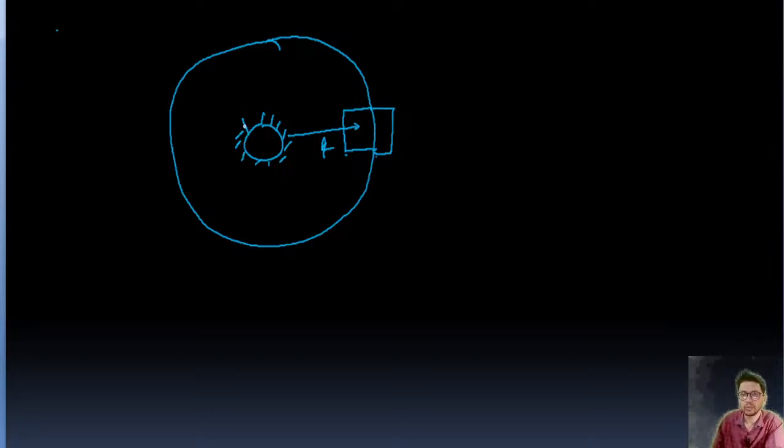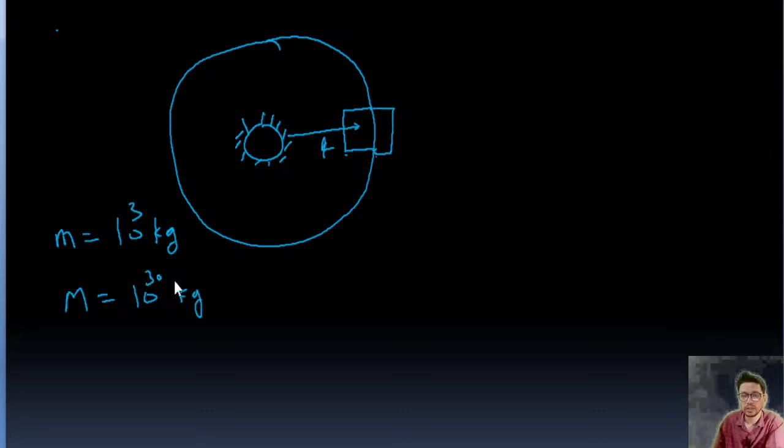Now whatever we have been given, we'll write it. The mass of the spacecraft, small m, is 10 to the power 3 kg, and the mass of the sun is 10 to the power 30 kg.